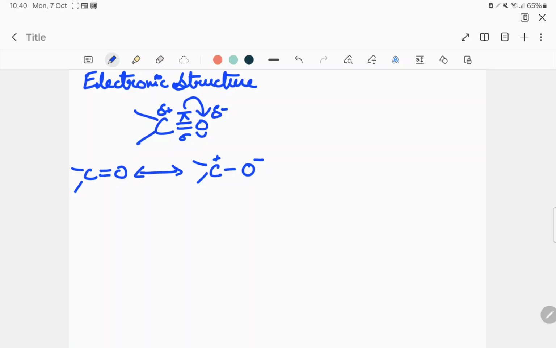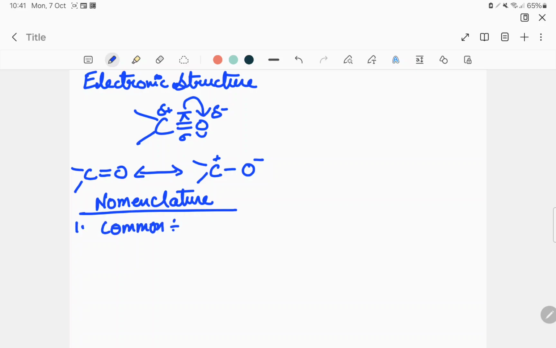How do we name the aldehydes and ketones? First, we are going to do the common system. According to the common system, when we do the nomenclature of aldehydes, the first is the derivative of formic acid, which is going to be formaldehyde.